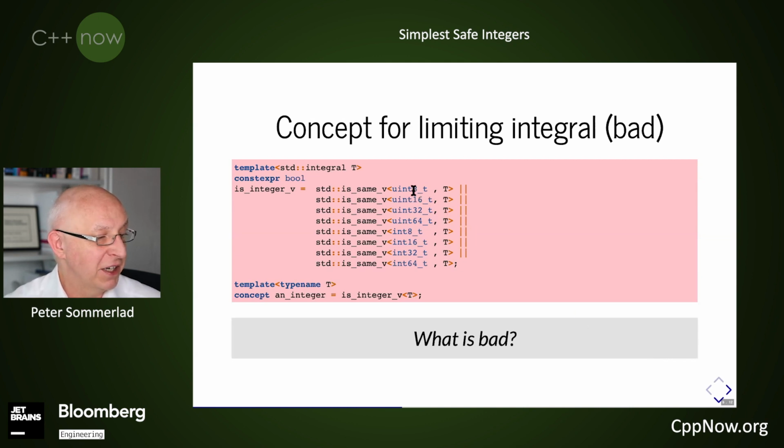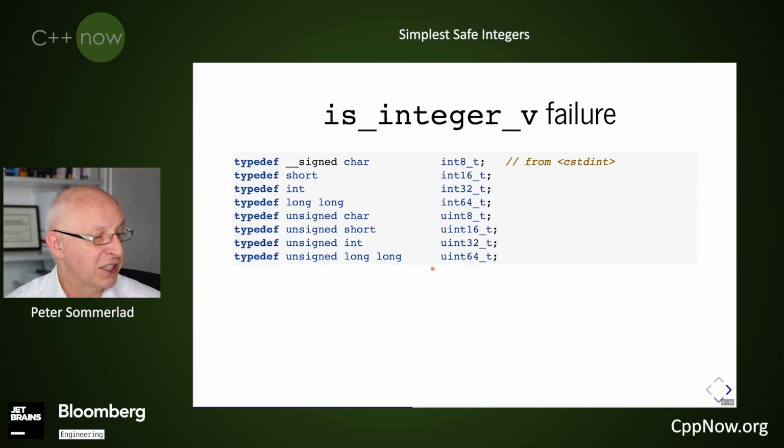If we look at the definition of these 8 fixed size integer types, we actually get this, and I copied this together from cstdint of one of the implementations, and we see that the signed char is actually int8_t, short is int16_t, and int32_t is int on my machine, and int64_t is long on my machine. And now, if you really know the promotion rules very well, you might already guess what's the problem.